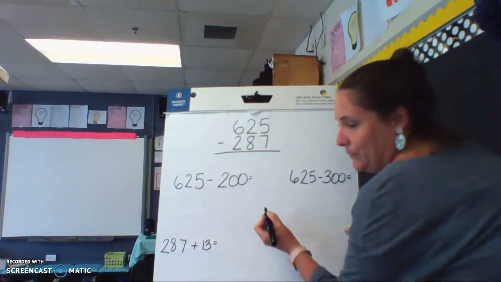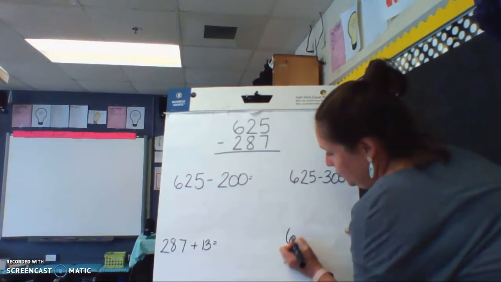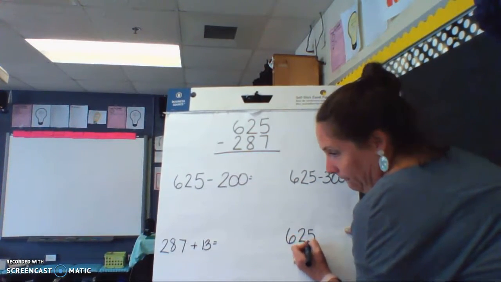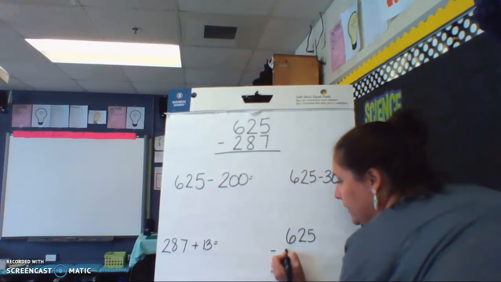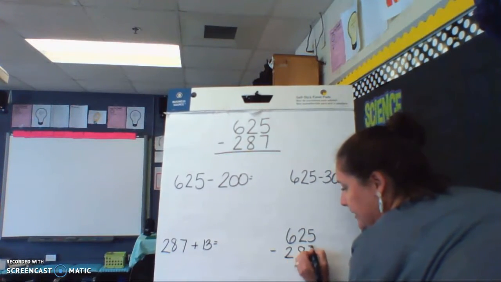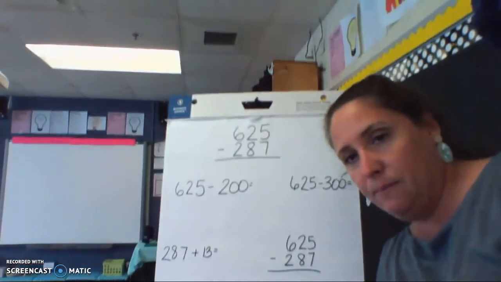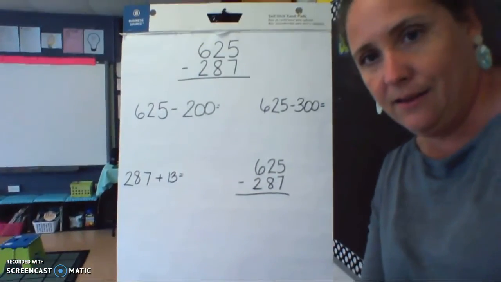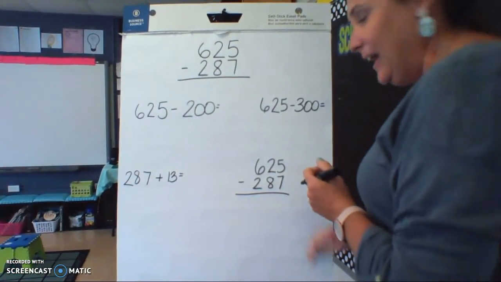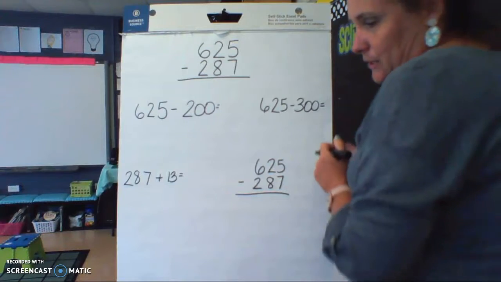standard algorithm. So we're going to say 625 minus 287. Make sure you can see that. Let me fix my, there we go. And I'm going to go ahead and do a little bit of the start of this one.